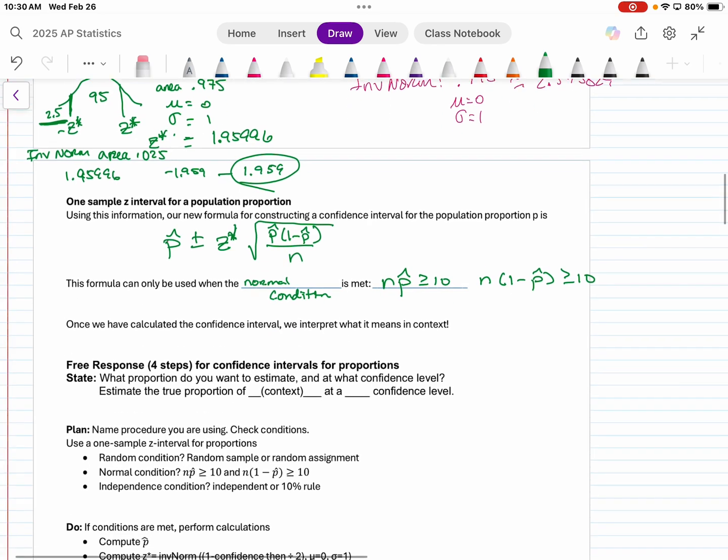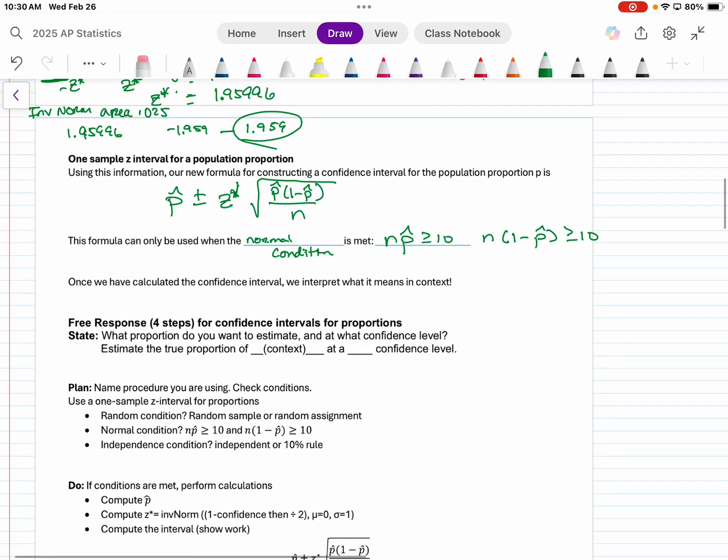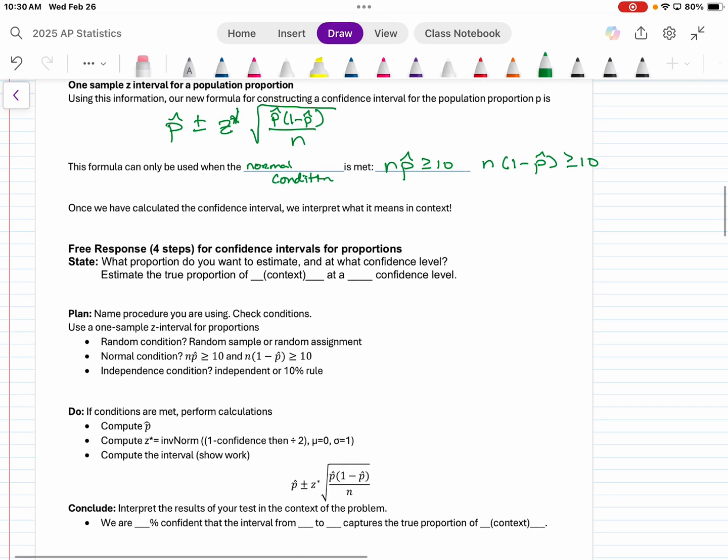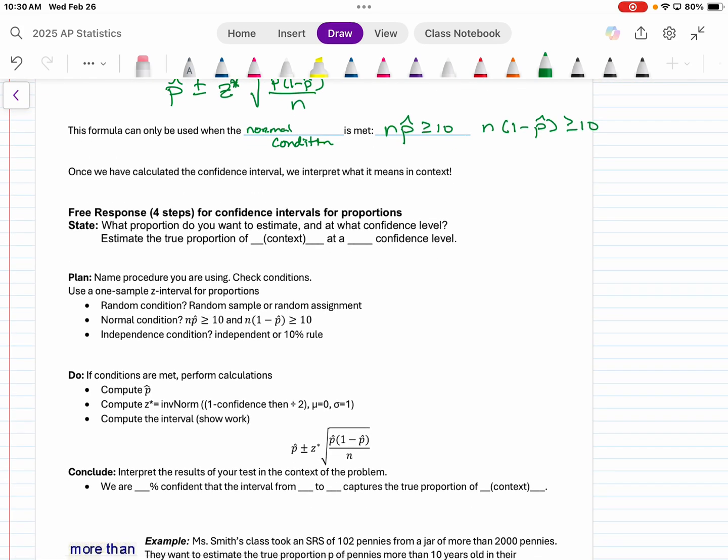So once we have calculated the confidence interval, we interpret it. So our 4-step process: in the beginning of the state phase, what proportion do we estimate and at what confidence level? We want to name the procedure that we're using. We are using a 1-sample z interval for proportions. We need to specify for proportions.